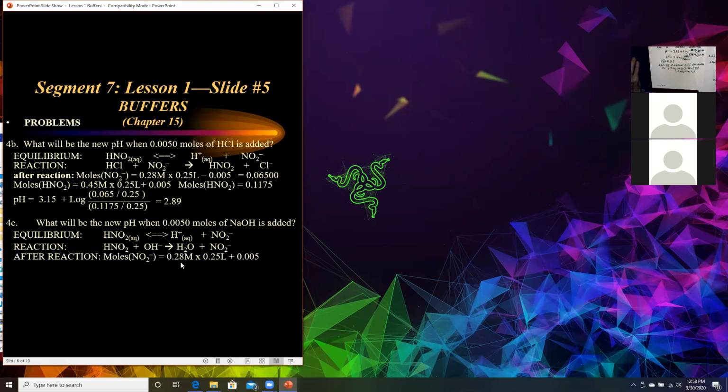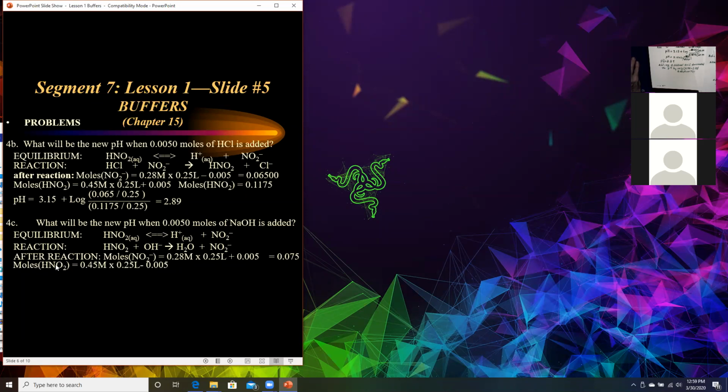So again, we have 0.28 times 0.25, that's the number of moles of nitrite ion. We're going to increase that by 0.005, the amount of base that we added here, and then that'll give us 0.075 moles of the nitrite ion after the reaction has taken place.